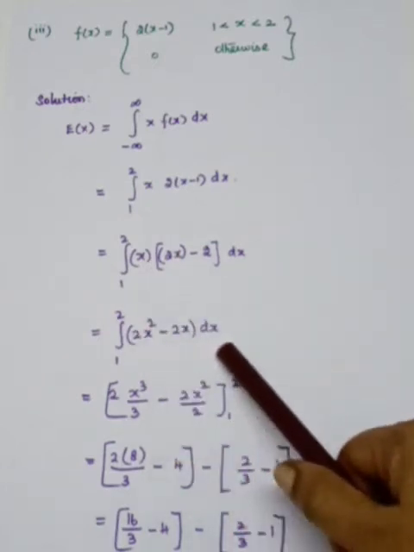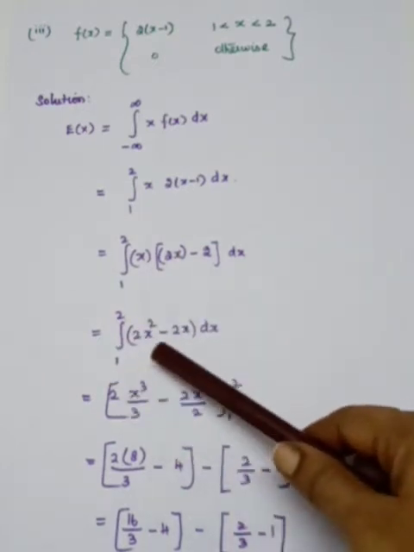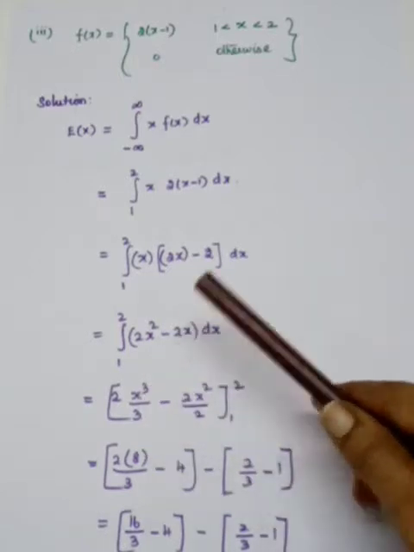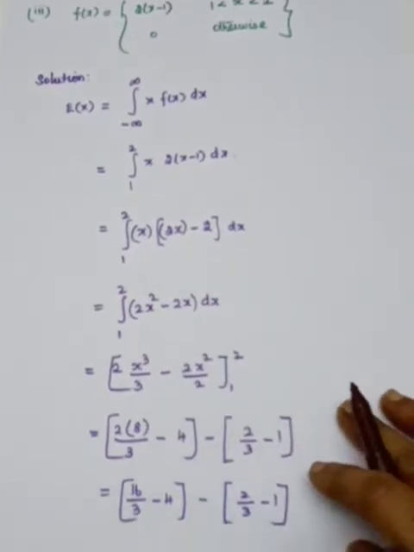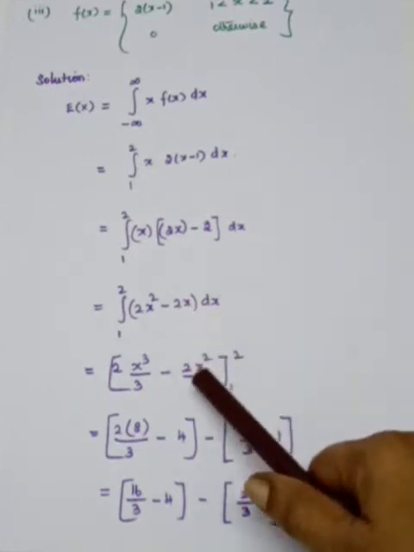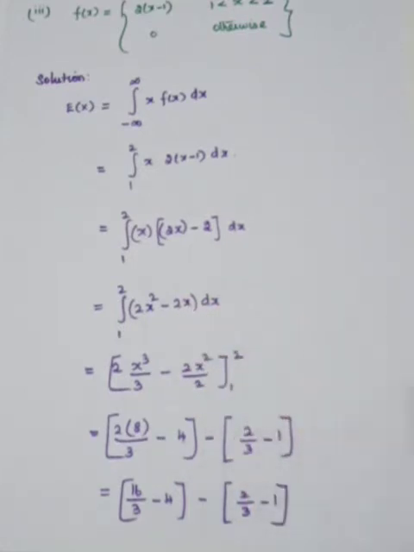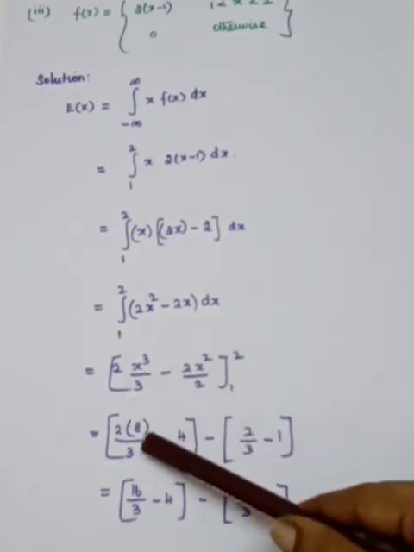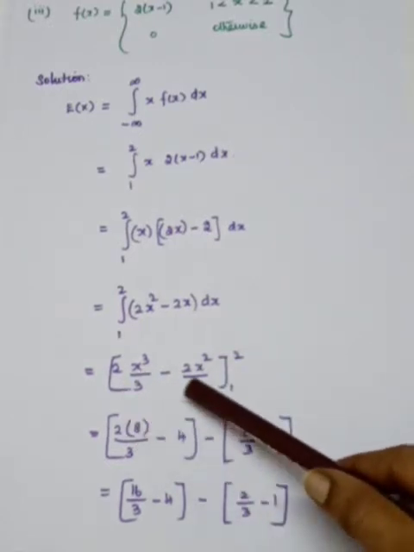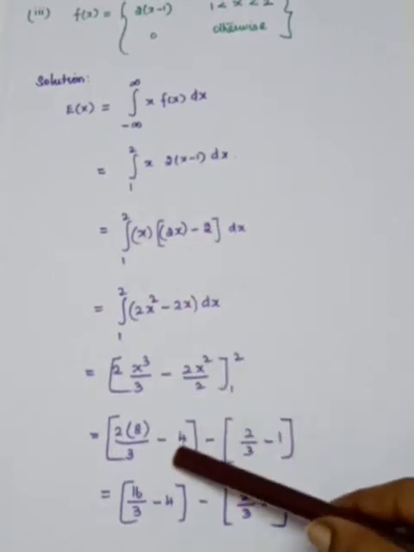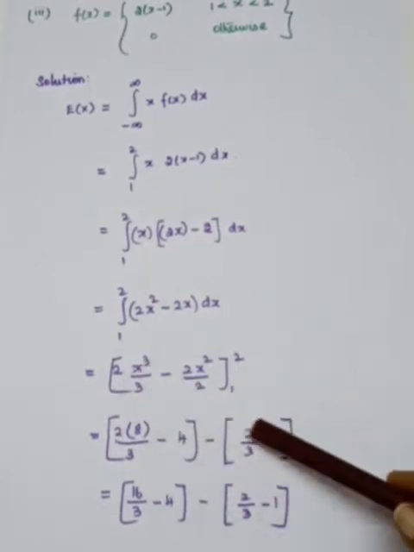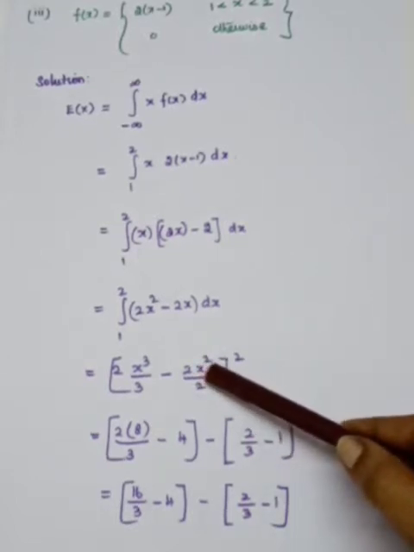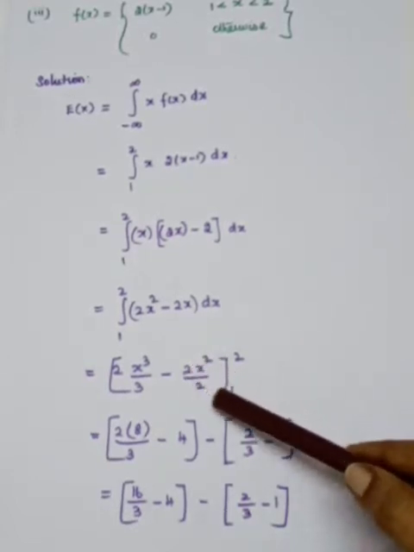Now integrate: 2 is a constant, so x squared integrates to x cube by 3, minus 2x integrates to x squared by 2. Apply the upper limit: 2 cubed is 8, the 2 gets cancelled, 2 squared is 4. When you apply the lower limit, it is 2 by 3 minus 1. Why 1? Here x is 1, so 1 squared is 1, and the 2 by 2 gets cancelled.